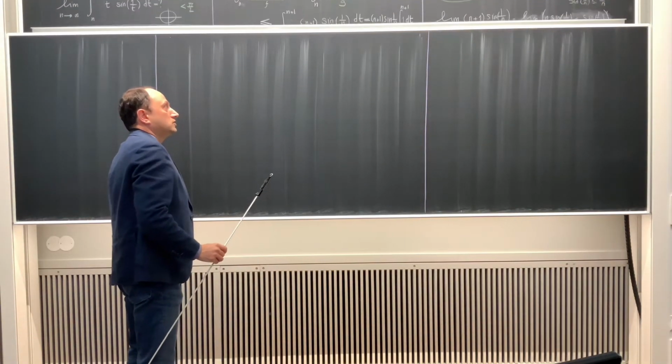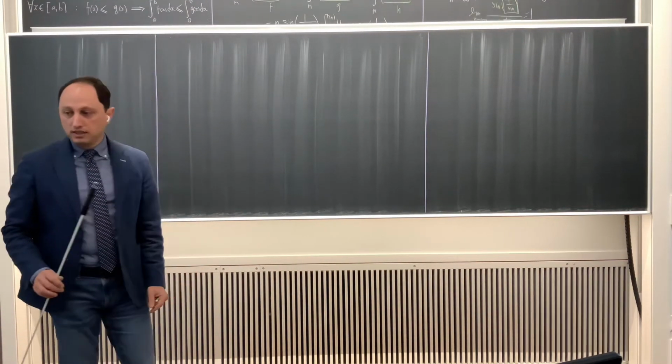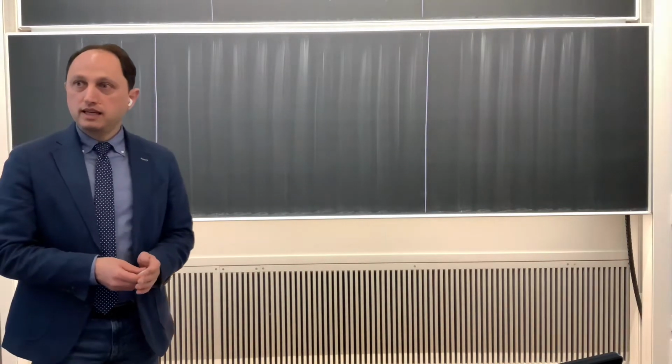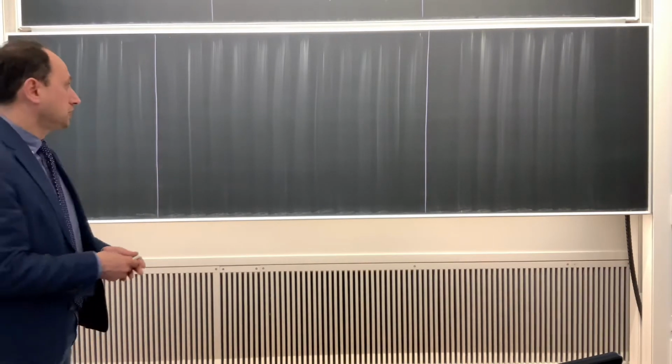Do you remember when I started talking about integrability, one property of the function I mentioned, what was that? The function was bounded, yes? And the interval was a closed interval, which is also bounded, okay? So when you want to talk about proper integrals, as we did before, I started with the function.